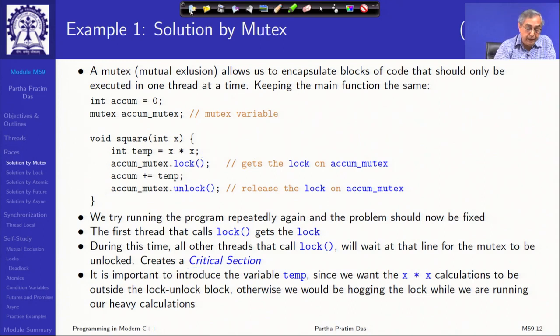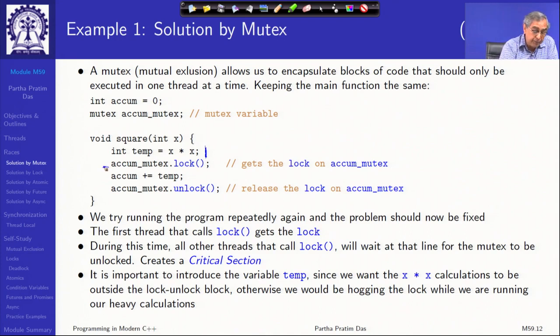That simply means that even though square is running on multiple threads, this part of the function square which is computing the square, and of course, we will put that random delay to make it a heavy task, will be done in concurrent fashion. All threads can do it at the same time, at different times, and so on.